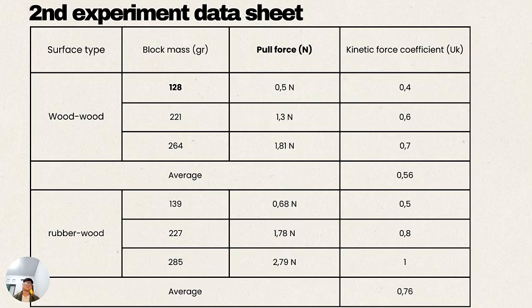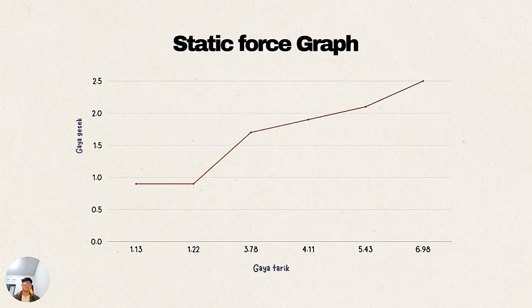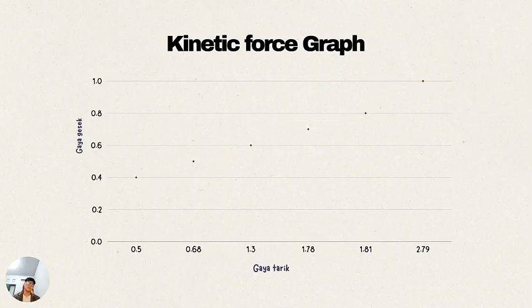As for the kinetic force graph, it is all different: 0.5 equals 0.4, 0.68 equals 0.5, 1.3 equals 0.6, 1.78 equals 0.7, 1.81 equals 0.8, and 2.79 equals 1 for the friction force.